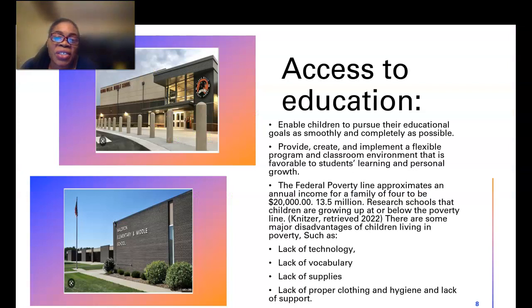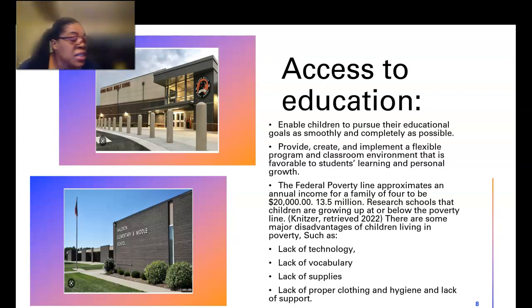Access to education. When children have access to education, their educational goals can go smoothly and as complete as possible. They can provide and implement a flexible program and classroom environment that is favorable to students' learning and personal growth.